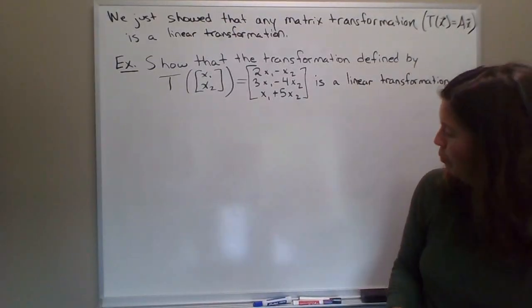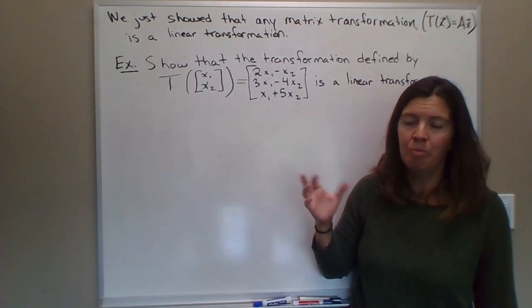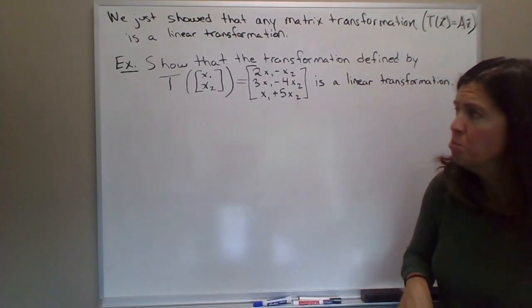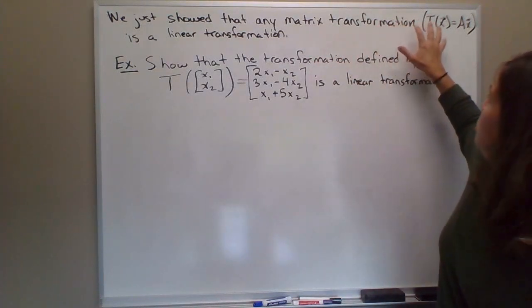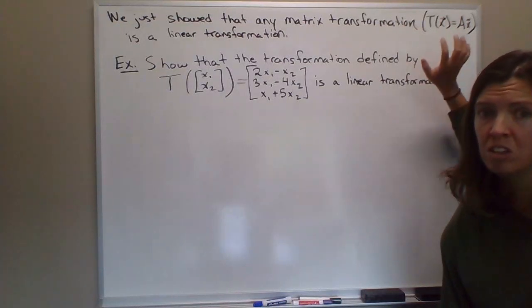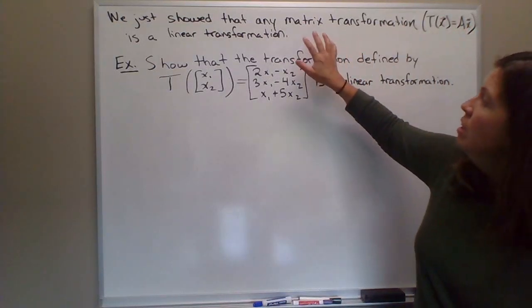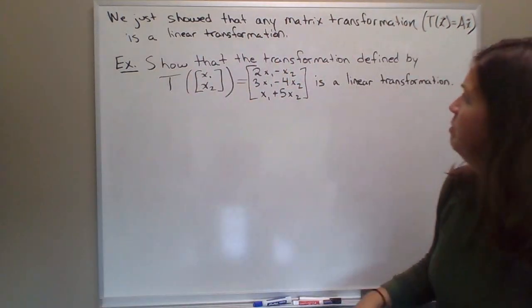Okay, so I'll warp speed forward here so we can employ the theorem that we just proved with example 2. So we just showed that any matrix transformation, which is any transformation that can be expressed as T of x equals A times x for some matrix A, is a linear transformation.